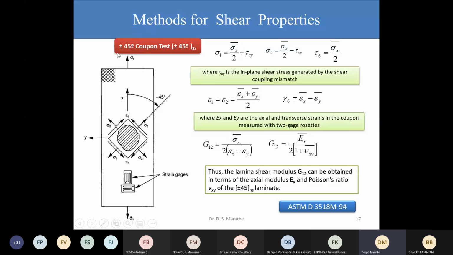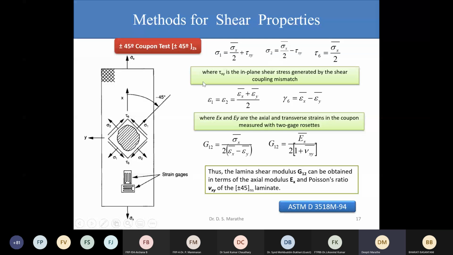Doing my micromechanics and macromechanics and some trigonometry and transformations, I find the value of tau xy and tau 6 from this test, from sigma x. I find gamma 6 from epsilon x and epsilon y, which are measured by the strain gauges, the strain in the x direction and the strain in the y direction.